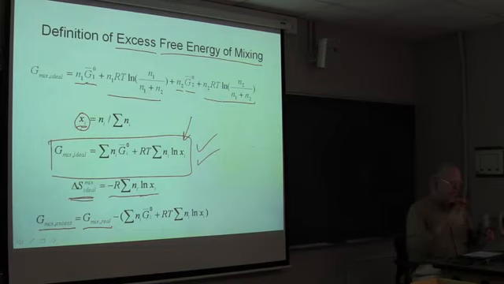So the excess is the free energy over and above that which the ideal mixing equation predicts. So the smaller this number is, the closer the mixture is to being an ideal mixture. That makes sense? And keep in mind, this is a pure component thing, and this is the only thing that has to do with a mixture.